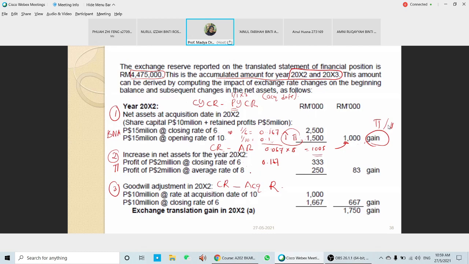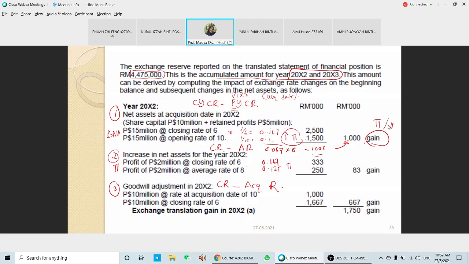So 8 here, how much do you have for that one? This one will be 1 divided by 8. Going to have 0.125. So it seems that there is also an increase. So an increase here means that we can have a profit.